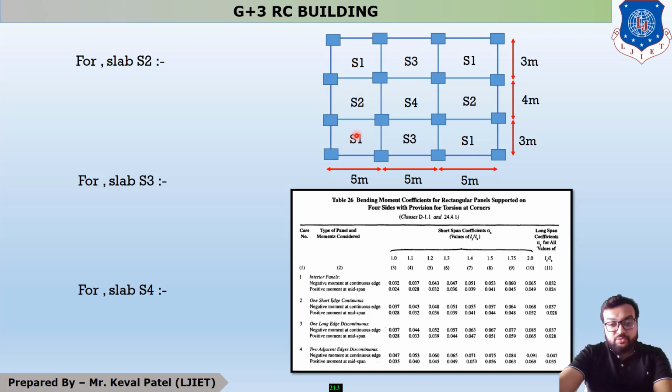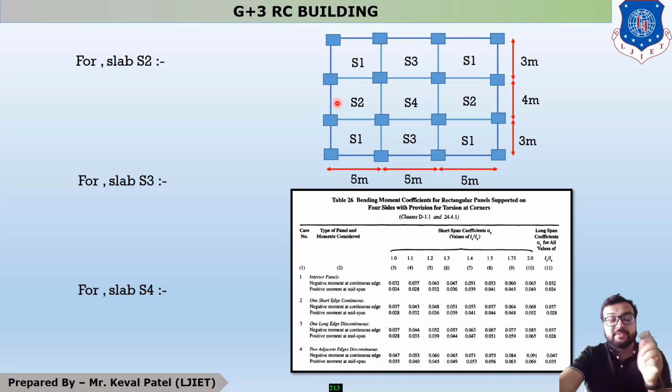So for slab S2, the first case, interior panel, is not available for slab S2. The second one is one short edge discontinuous. Yes, over here our one short edge is discontinuous.